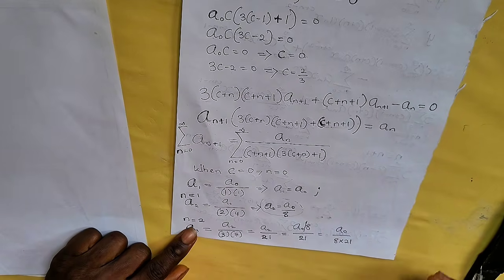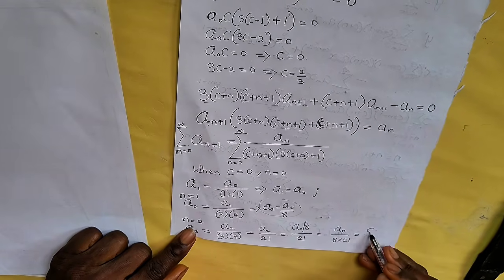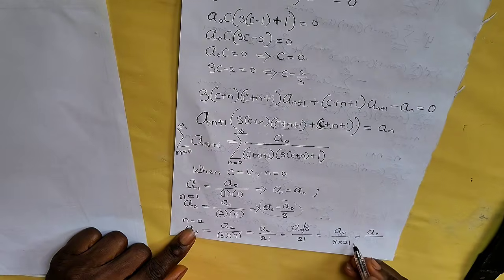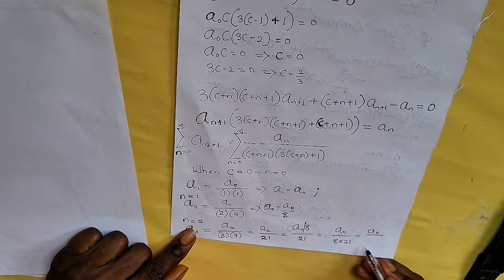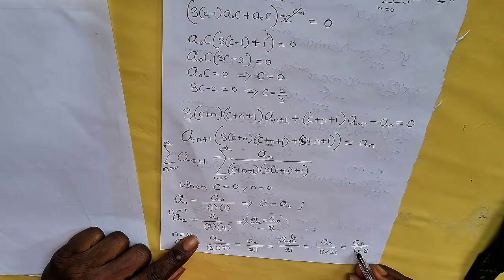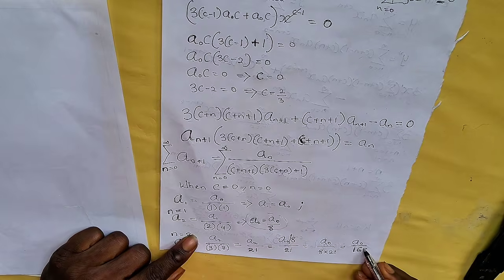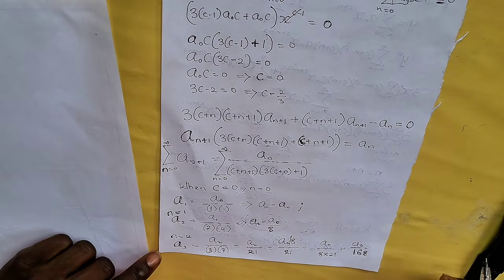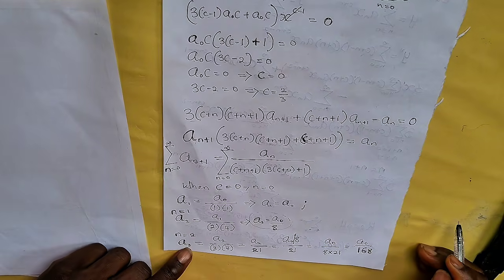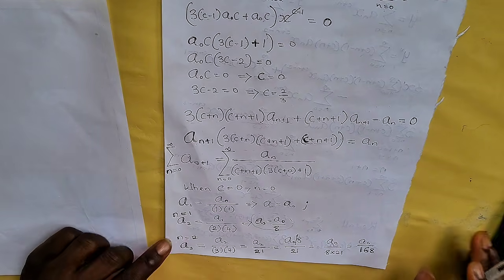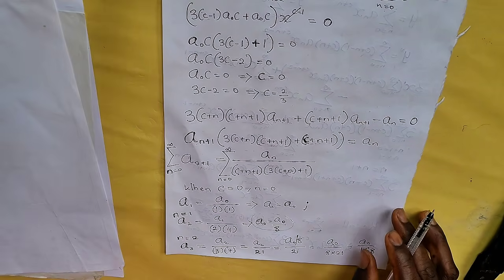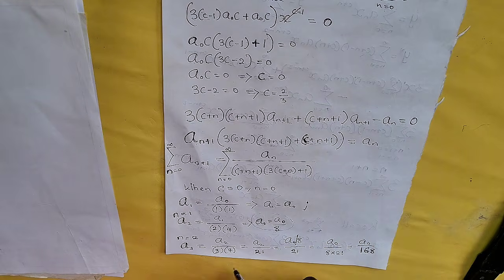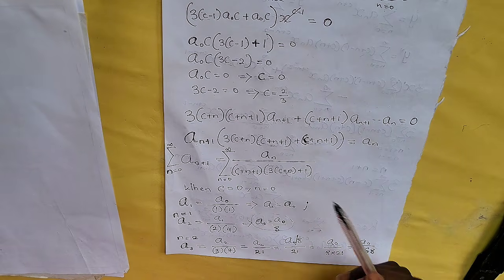So I have a0 equals 168. So I'm going to stop there. Then that's for when c equals 0, right?